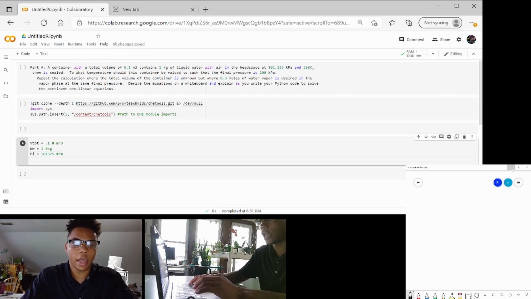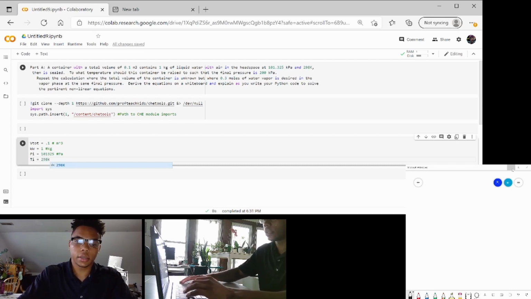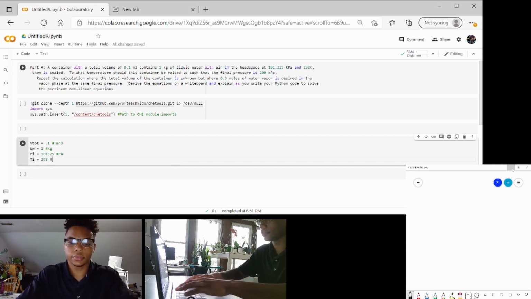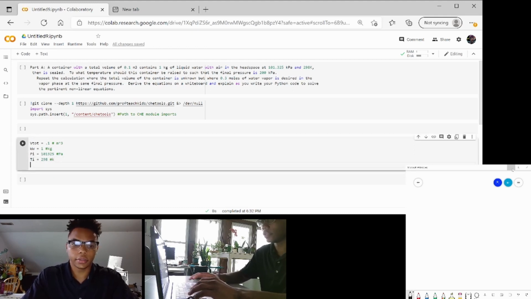And then we have our initial temperature, designated as Ti, and that is equal to 298 kelvins. And we know what our final pressure should be, such that we want it to equal 200 kilopascals.